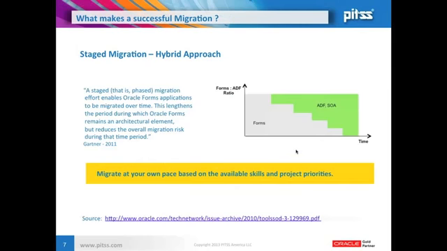But what really makes a successful migration? If you have Oracle Forms and you want to go over to ADF, don't do it in a big bang approach. You're changing the complete software architecture of your application. It is not just exchanging some user interfaces and so on. And if you have developed Forms for a while, you recognize very quickly that Oracle Forms didn't really put any restriction on where to put code.